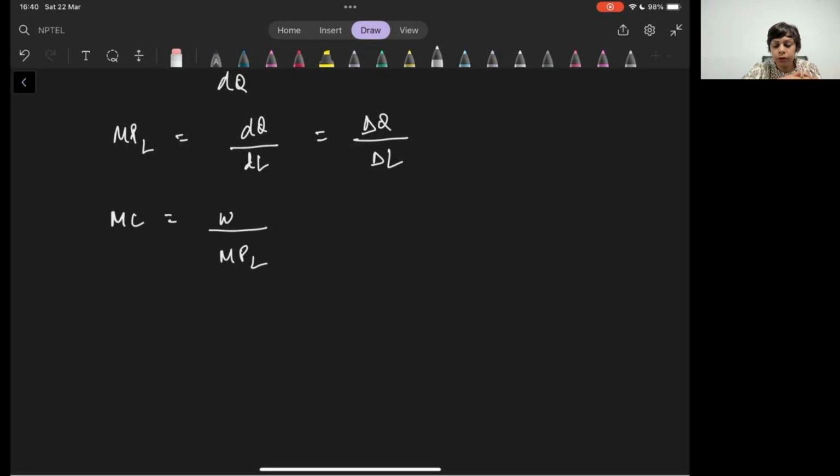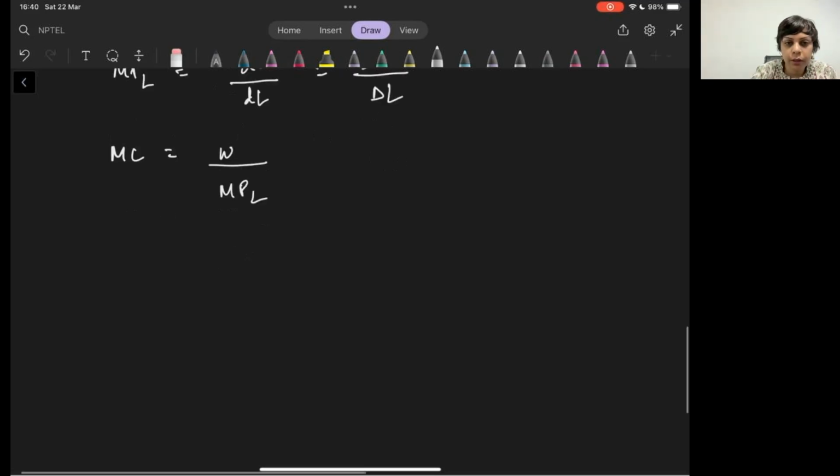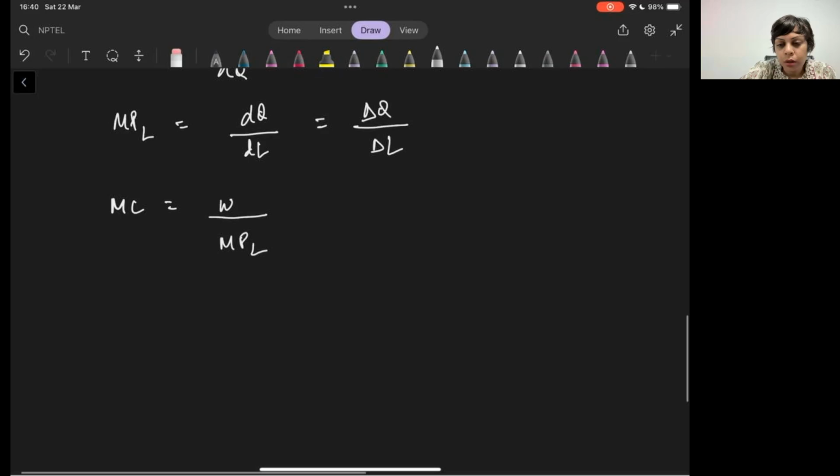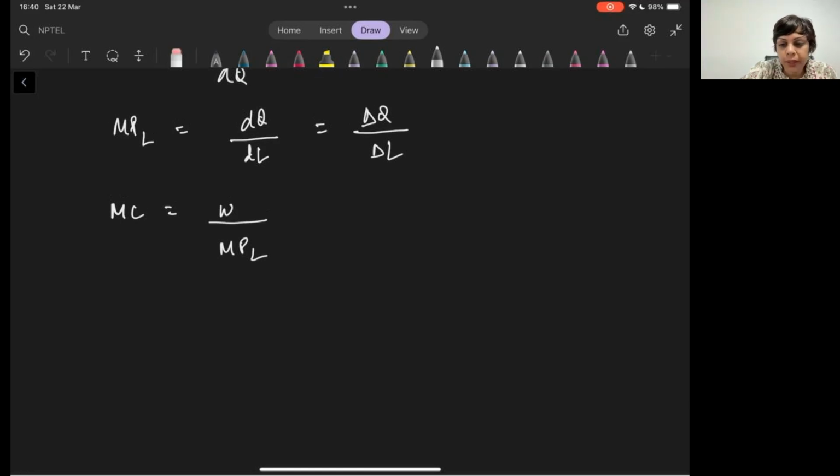So this is the expression we arrive at, relating the wages and the marginal product of labor. That's how you will compute the marginal cost. So this is the correct answer. I don't think there is any other explanation required. So this is option B. B is the correct answer in this case.